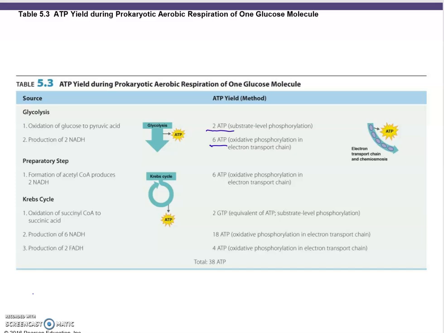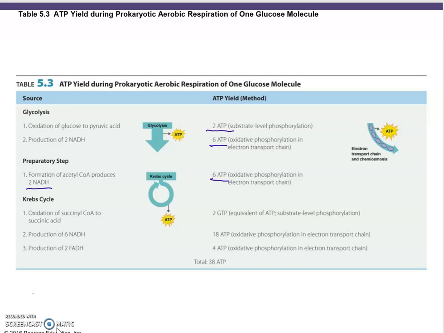Then if they do have oxidative phosphorylation available, they can convert the 2 NADH you see into 6 ATP, the best case scenario. Preparatory step, where we of course take the pyruvic acid and convert it into acetyl-CoA. We do generate 2 NADHs, and they can be converted into 6 ATP by oxidative phosphorylation, best case scenario.